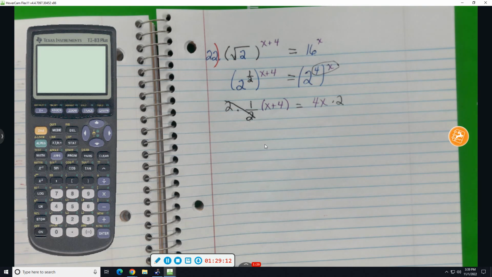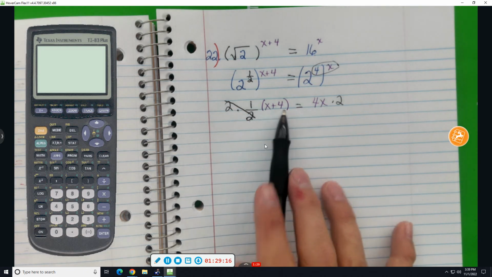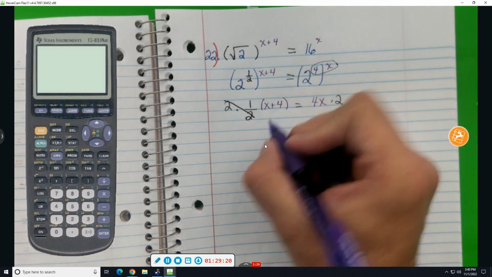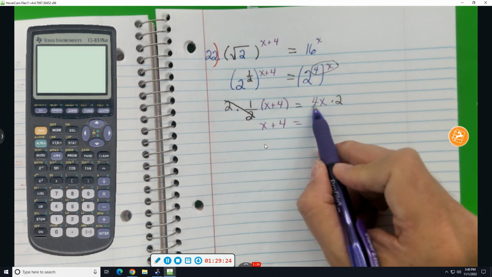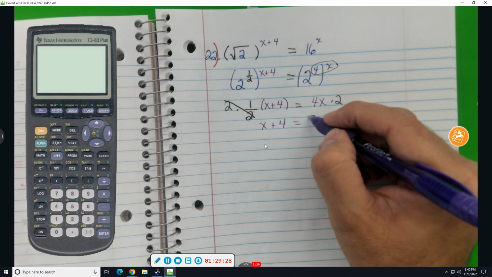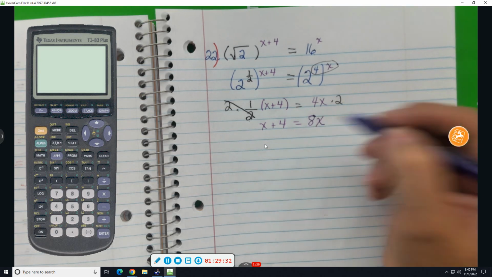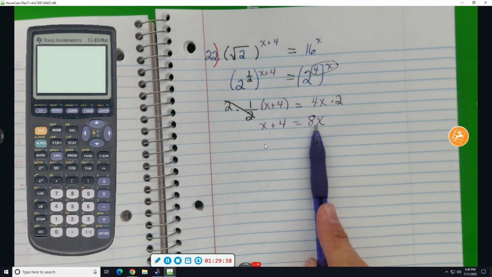All of that fraction cancels out, and all we're left with on the left-hand side is x plus 4. And what do we have on the right? The 4x times 2. We're about finished. The 4x times 2 is 8x.